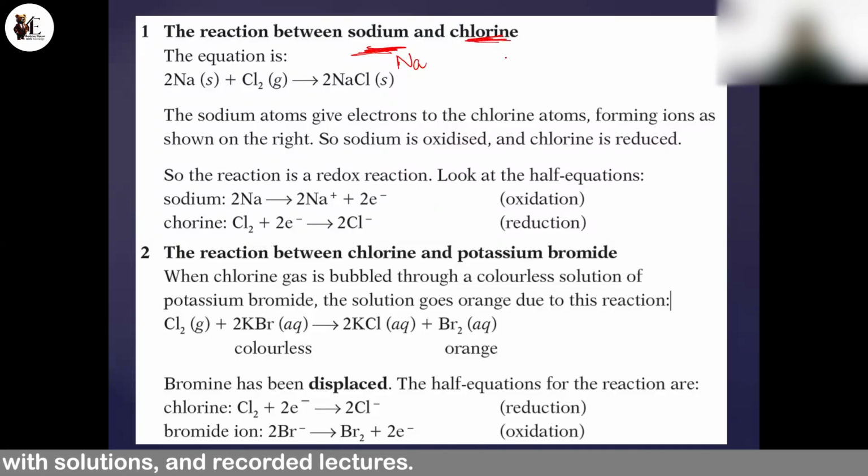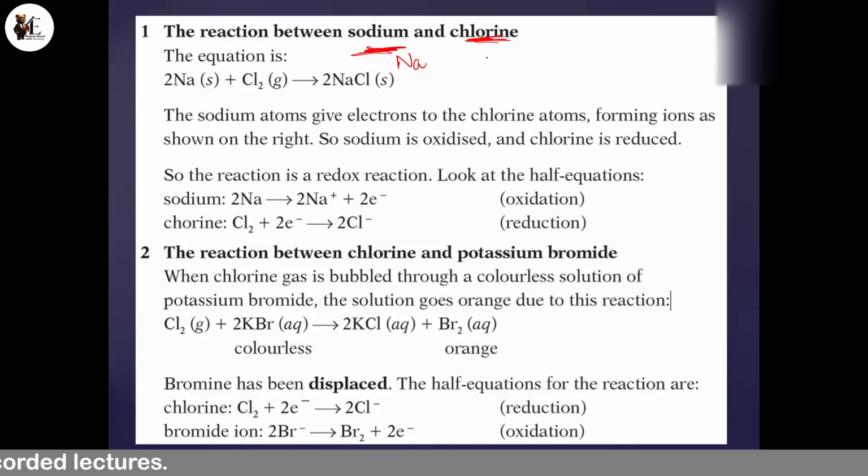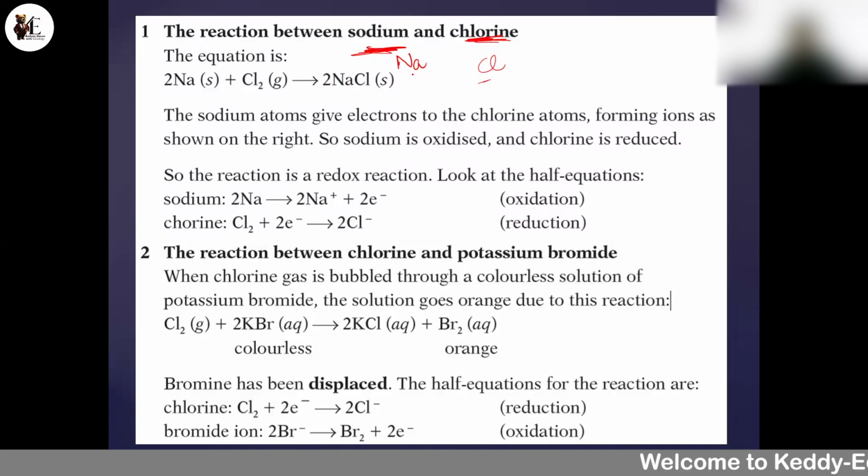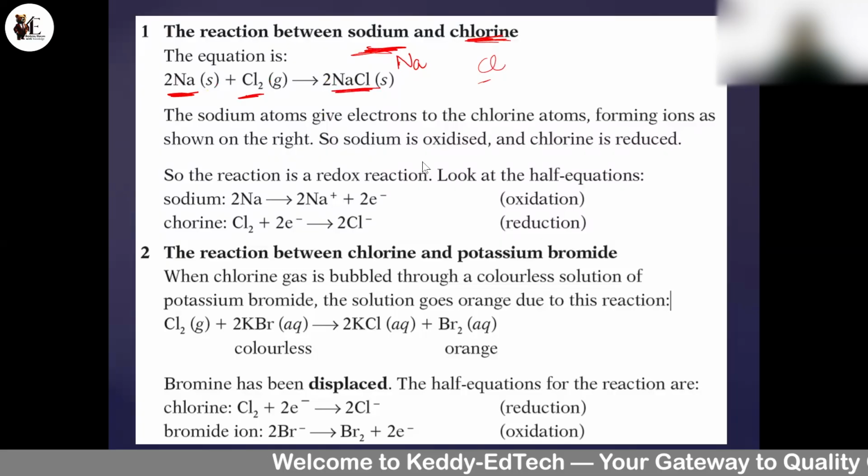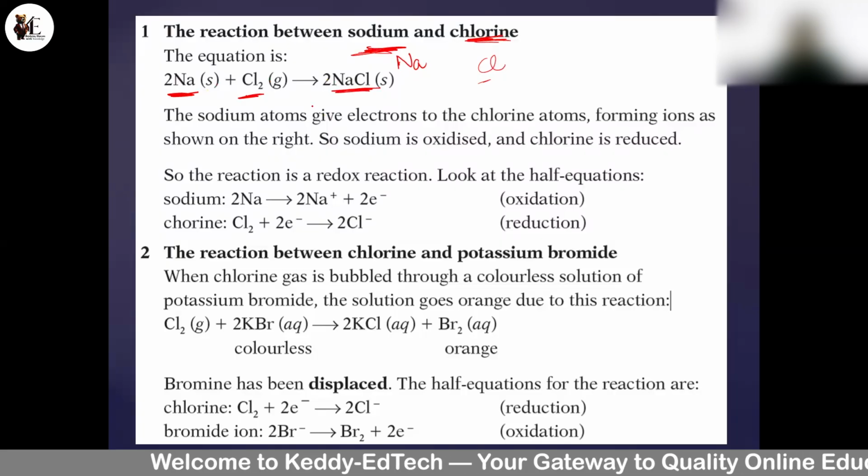And for chlorine? Cl. Yes, Cl. So if I write down the reaction between sodium and chlorine, I get sodium chloride. So we have to check, is this reaction a redox reaction?